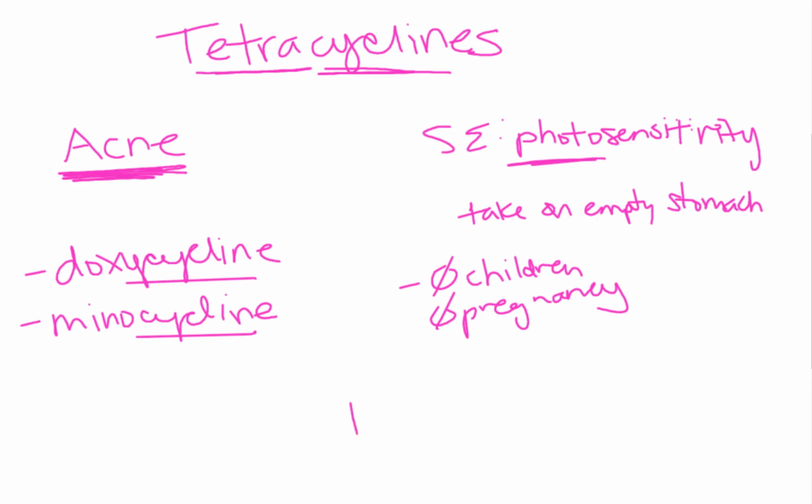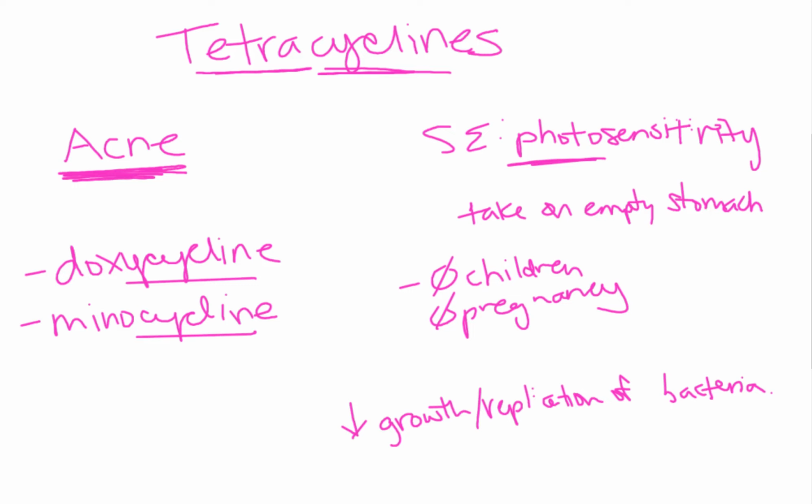Tetracyclines work by decreasing the replication and growth of bacteria. And so you can remember this because if you remember, it treats acne. That's what it's doing, right? It's preventing the spread of your breakouts.